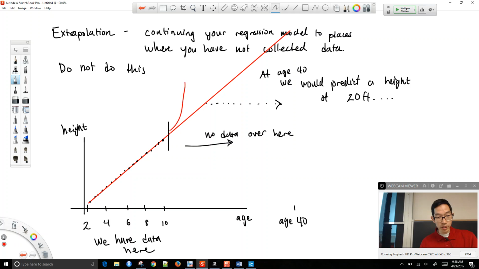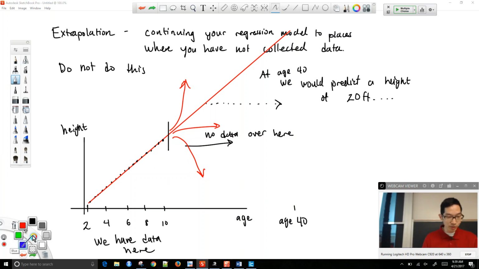It could rocket up, it could settle, it could dive down. We don't know. It could go in all sorts of directions. If you have no data out there, you have no idea what's going to happen. So don't do extrapolation. What you are allowed to do is interpolation.